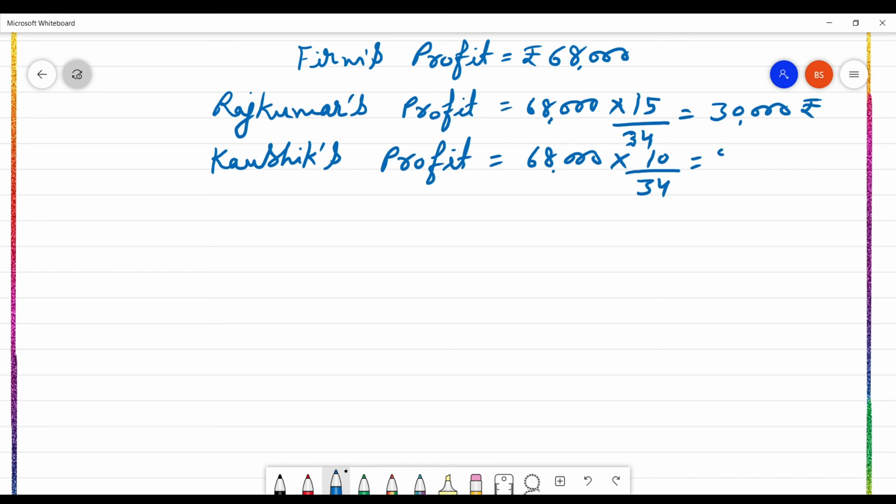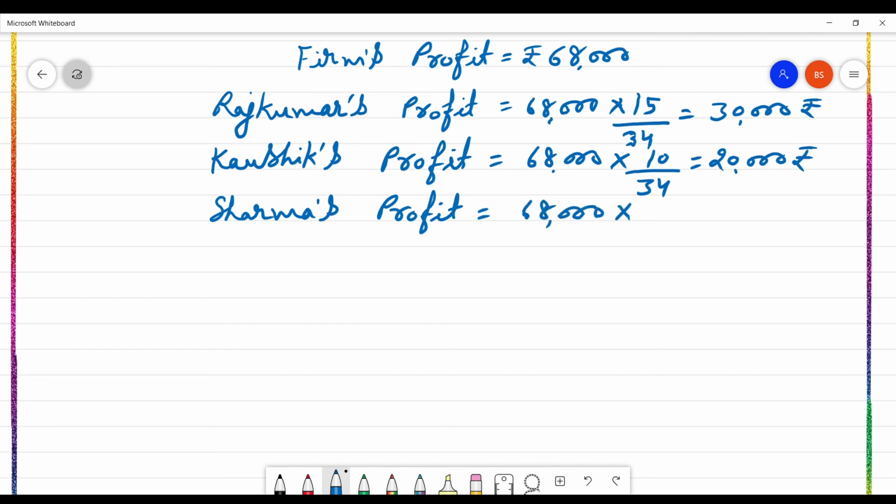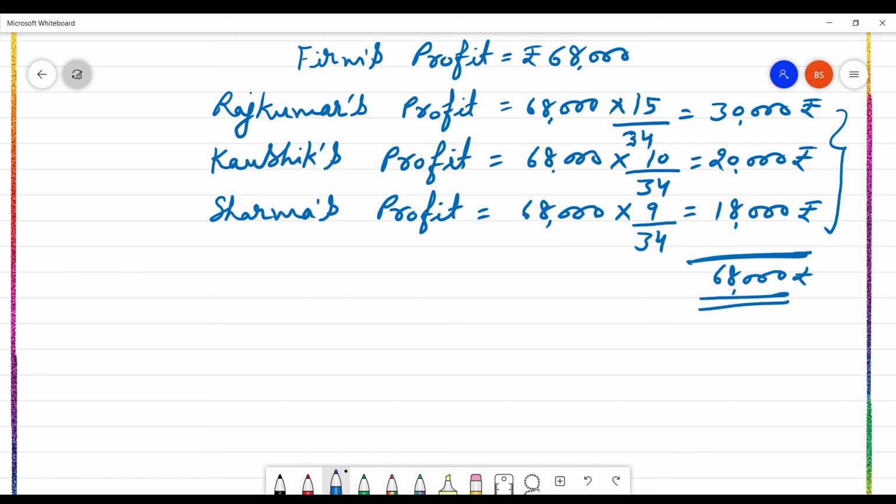It comes 20,000. After that, Sharma's profit is 68,000 into 9/34. It comes 18,000. Then make the total of all the three partners. It should be 68,000. Otherwise your sum is wrong.